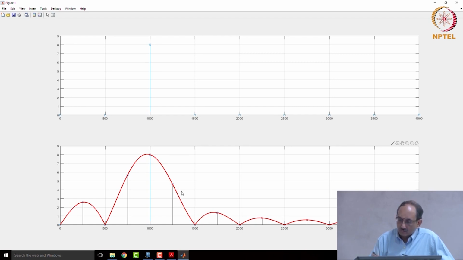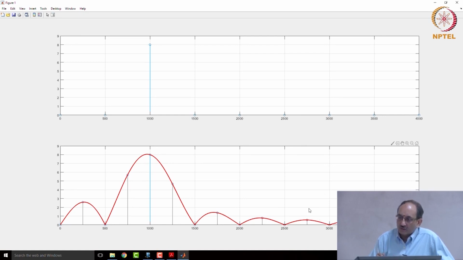Therefore, these side lobes will affect nearby sinusoids and the effect on them will be larger if the interfering sinusoid is stronger and the sinusoid that is interfered with is weaker. And the farther they are apart, the easier it will be for you to distinguish them. The closer they are, the interference will be more.